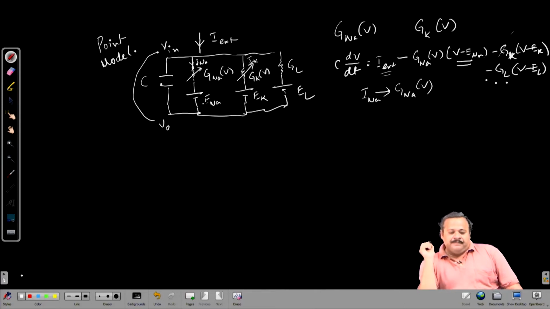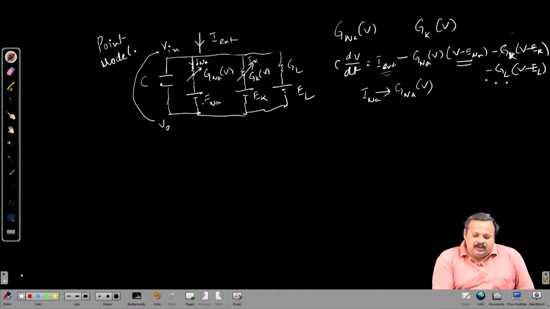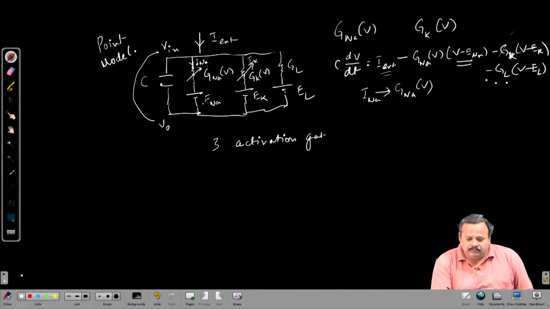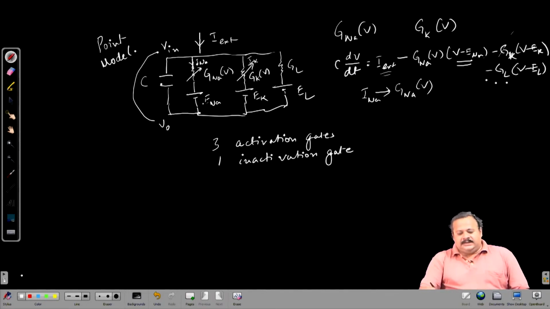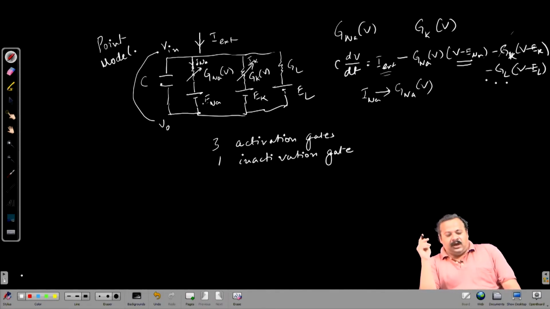gating, voltage gating, with different gates, where there are 4 gates, 3 activation gates and 1 inactivation gate. So, why exactly the numbers 3 and 1 came about?